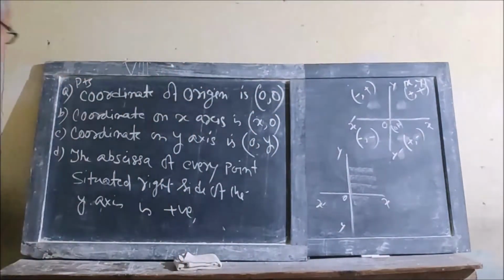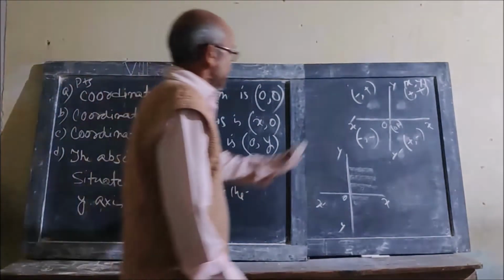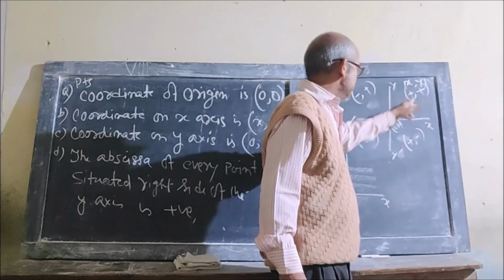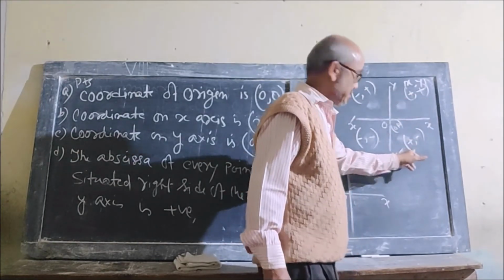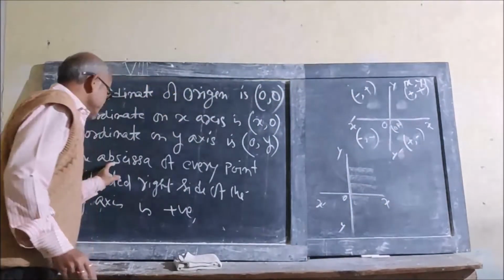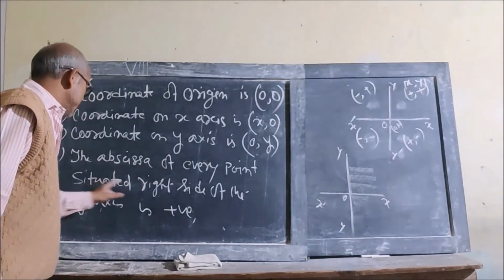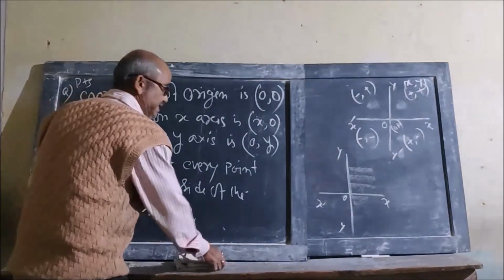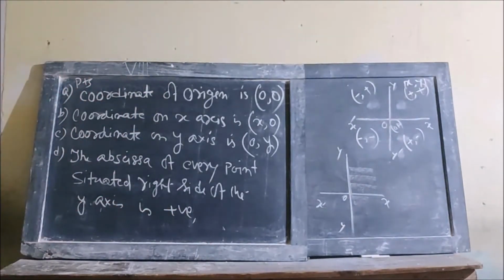Here the abscissa is plus, and here the abscissa is plus. So the abscissa of every point situated on the right side of the y-axis is positive.